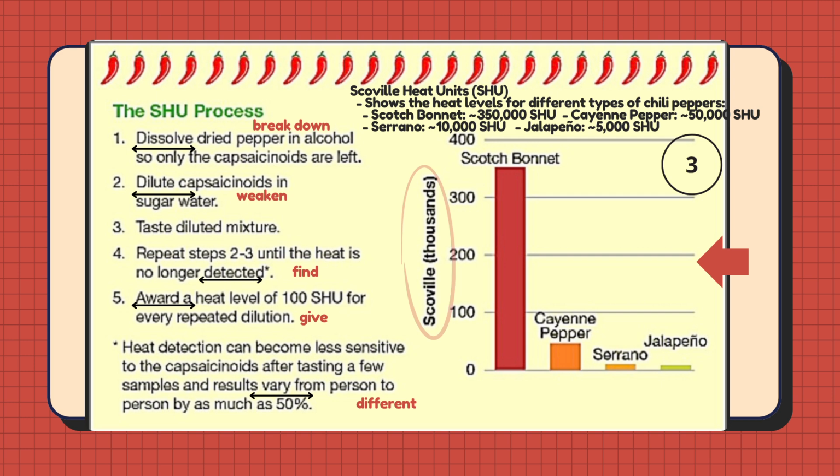And then there's a note. Heat detection, meaning to say, detection means find, right? Because the word detect means find. You will find the heat. Heat detection can become less sensitive to the capsaicinoids after tasting a few samples, and the results vary from person to person by as much as 50%. So the word vary means different.